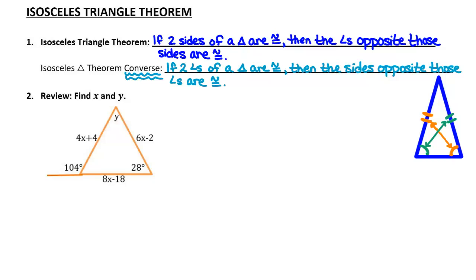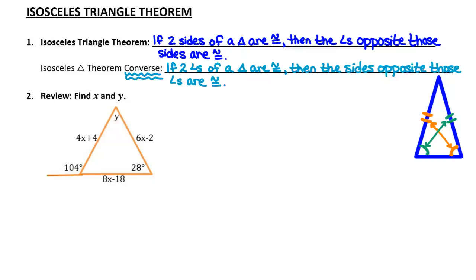They're not congruent to the side. The side is going to have some measurement, either in units or in centimeters or in inches. My angles are always going to have measurements in degrees. And it's not going to be the same as the side. When I say they're congruent, I mean they're congruent to each other. But that doesn't necessarily mean I know exactly how big they are. I'm going to need some more information to figure out how big they are.